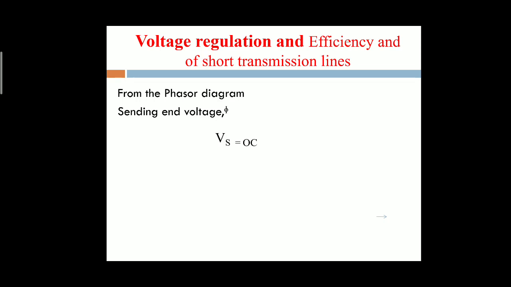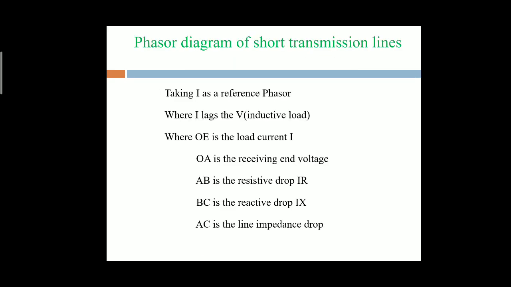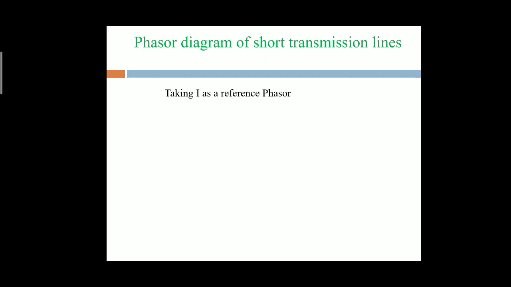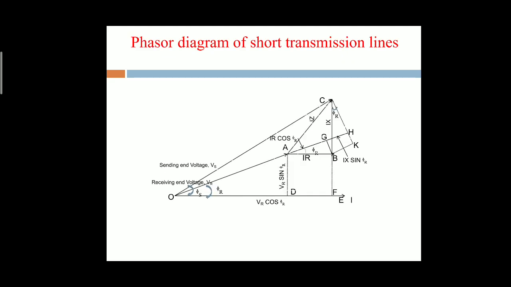By using this phasor diagram, the sending end voltage Vs is the line indicated by OC.